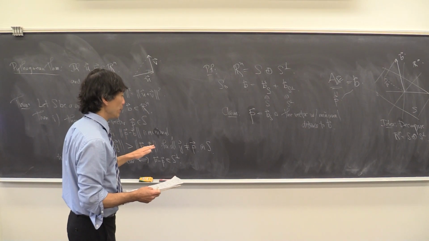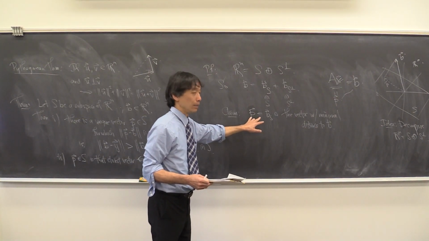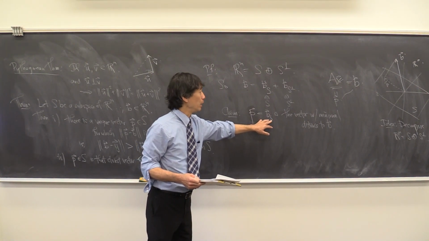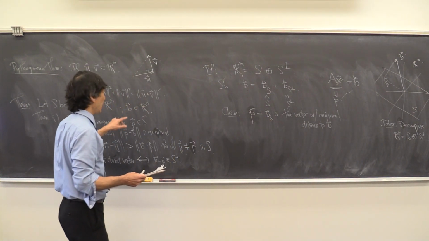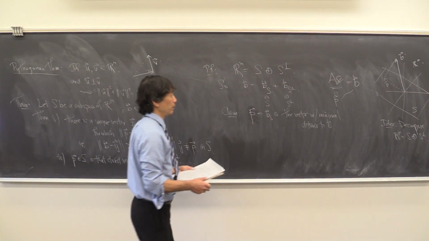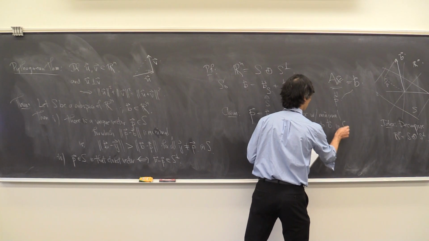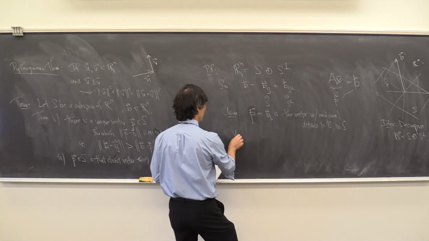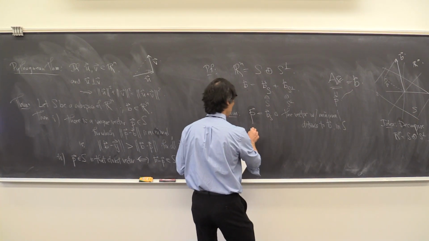Okay. So we're trying to show that this is actually the closest vector in S to B. So why is that true?